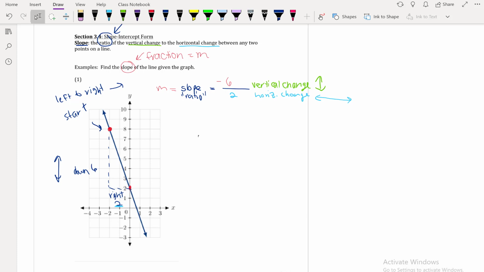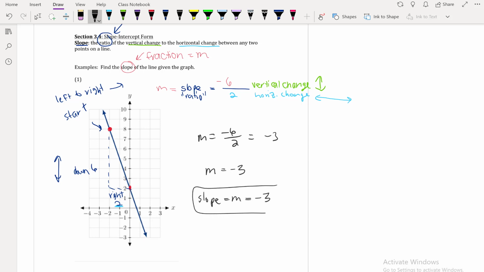So now you know that your slope is going to equal -6 over 2. When you reduce that, it gives you -3. So m is equal to -3. That would be the slope of the graph.